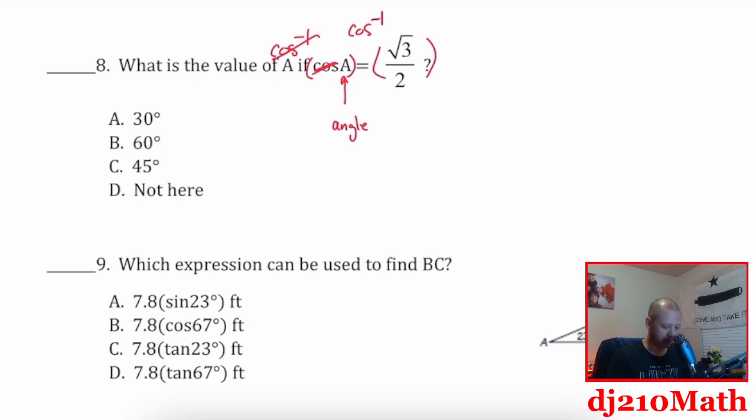So we go to our calculator, we say inverse cosine of root 3 over 2. And it's 30. 30 degrees. So A.